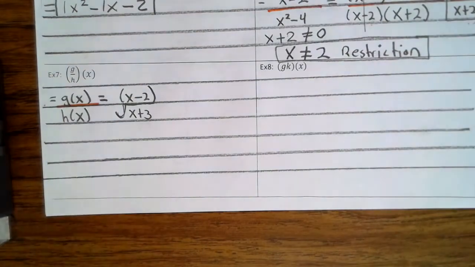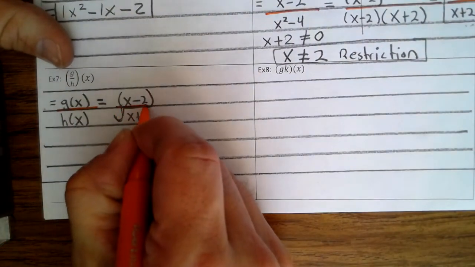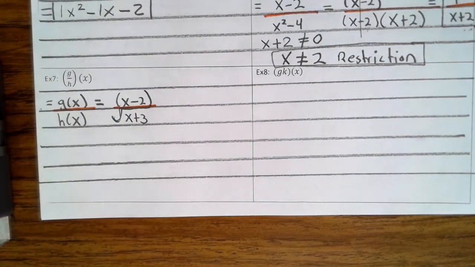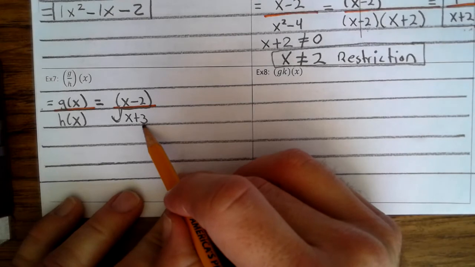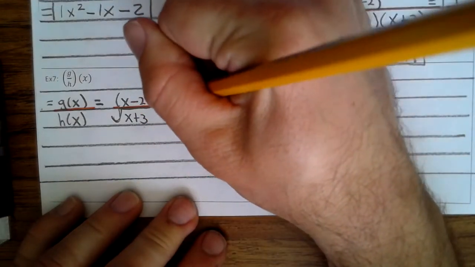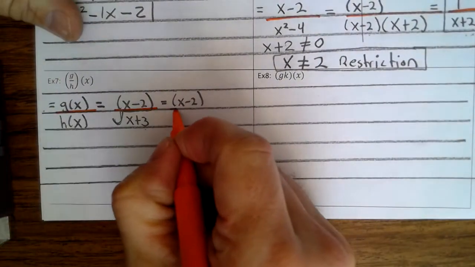Okay, now we're going to rewrite the square root of x plus 3 as x plus 3 to the 1/2 power.